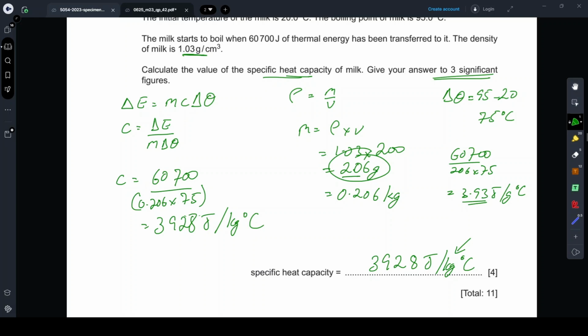Even if we round this up, are we going to round this up to 3930? That's still four significant figures. Are we going to round this up to 4000? That's still four significant figures. So I say the instructions are confusing, but the mark scheme is allowing for this, so we're good.